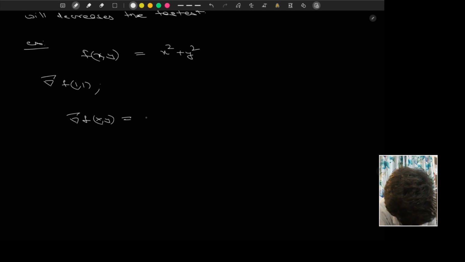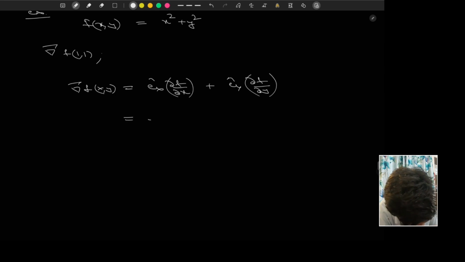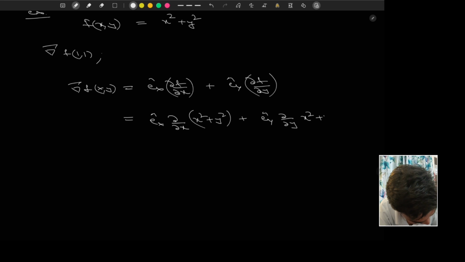The gradient of f of x comma y is e_x df by dx plus e_y df by dy, which is equal to e_x d by dx of x square plus y square, plus e_y d by dy of x square plus y square.